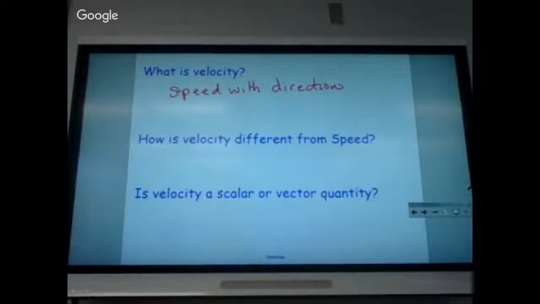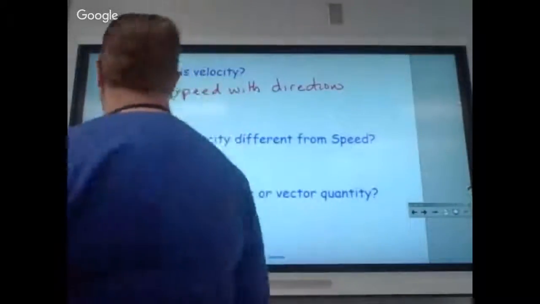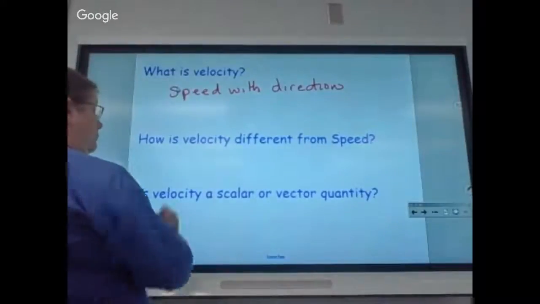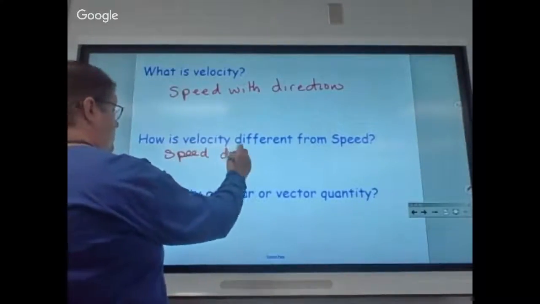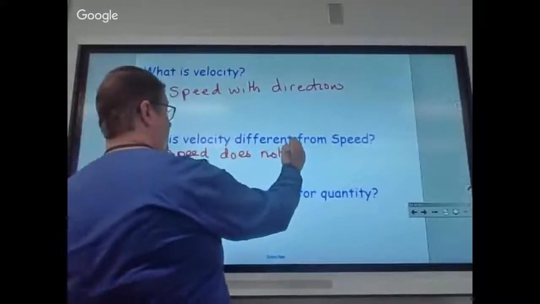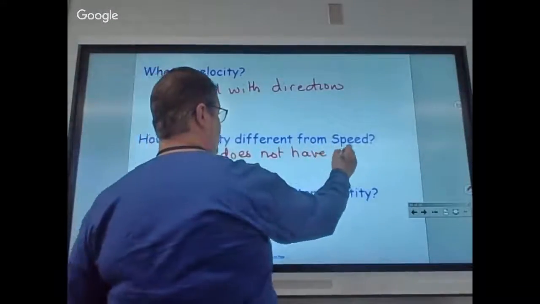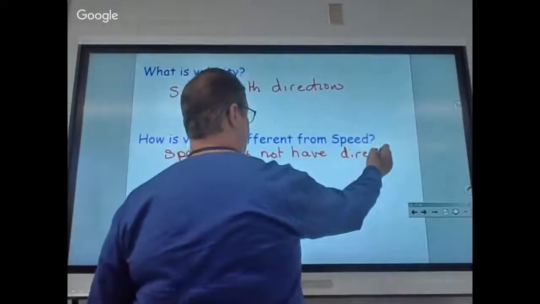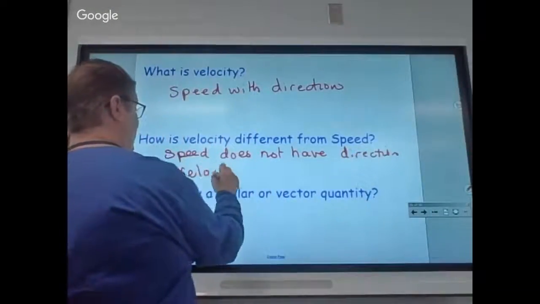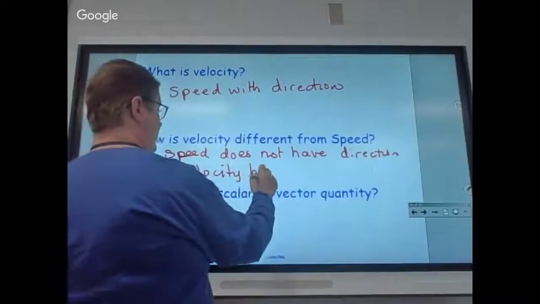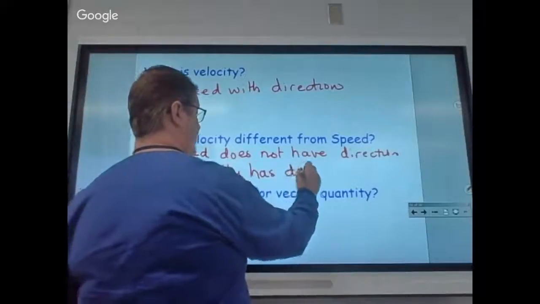So how is velocity different from speed? Speed does not have direction. Velocity has direction.